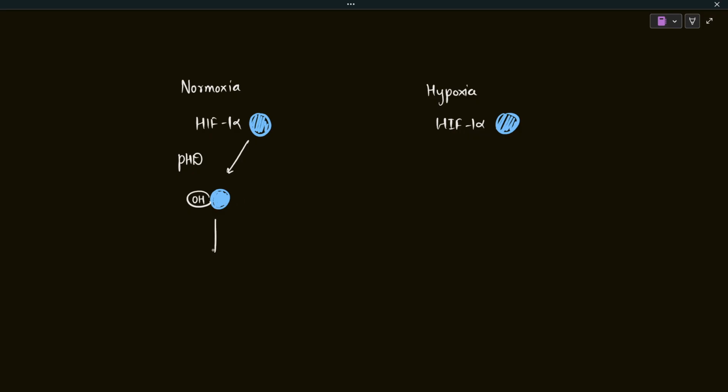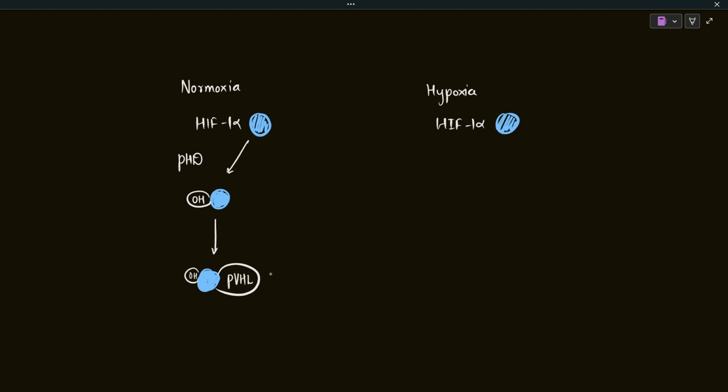Due to the hydroxylation of HIF-1 alpha, this hydroxylated HIF-1 alpha gets recognized by the protein known as von Hippel-Lindau.